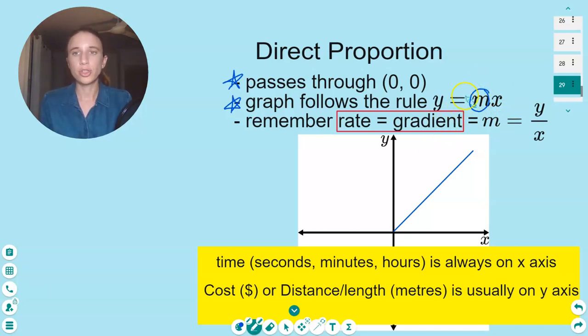So all you've got to do is find your gradient, and remember that the rate is your gradient. All right? The gradient is your change in y over your change in x. And remember these little bits. Time is always on your x-axis. Cost or distance is usually on your y-axis. But time is the dead giveaway there.